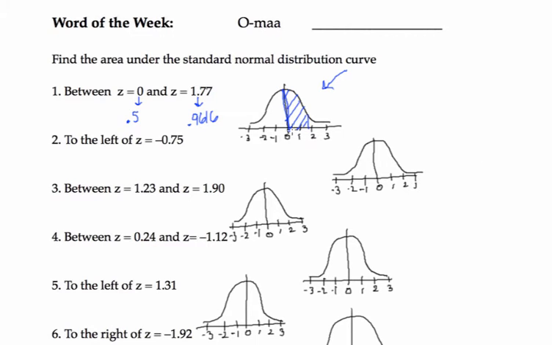So the area from 0 to the left is 0.5, and the area from 1.77 to the left is 0.9616. To find the area of the blue, we take the orange area, 0.9616, and subtract off the pink area, 0.5.